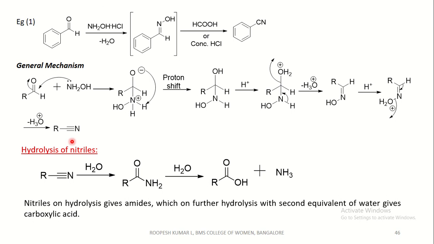Coming to the next, hydrolysis of nitriles. That is, nitriles can be hydrolyzed to the corresponding acid. Nitriles on hydrolysis give amides, which on further hydrolysis with a second equivalent of water give carboxylic acid and ammonia.